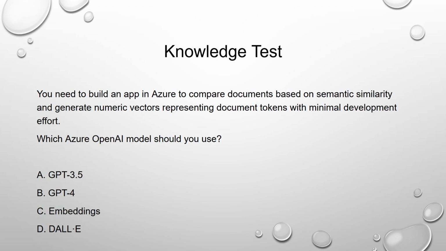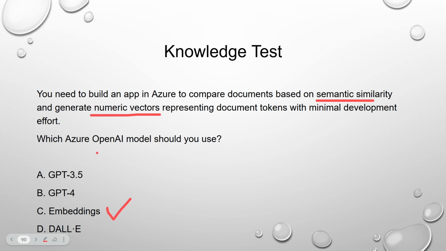Now, you need to build an app in Azure to compare documents based on semantic similarity and generate numeric vectors representing document tokens with minimal development effort. Which Azure OpenAI model should you use? Now, once you see semantic similarity or any kind of similarity or numeric vectors and they're asking which OpenAI model should you choose, you have to go straight for the embeddings model.